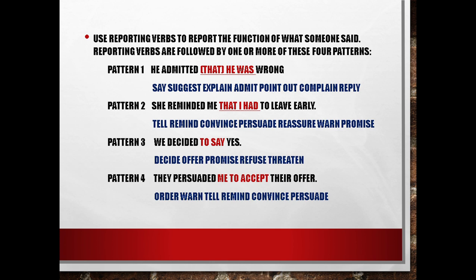The third pattern, we decided to say yes. We can use offer, promise, refuse, or threaten. The fourth pattern, they persuaded me to accept their offer. We can use order, warn, tell, remind, or convince in these sentences to change a little bit the way that we are talking.